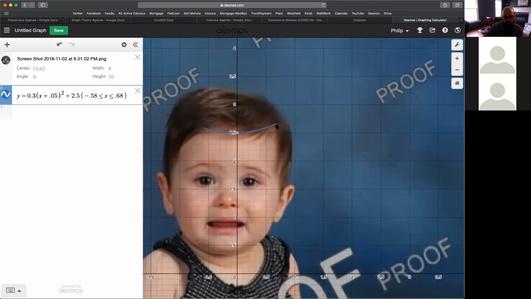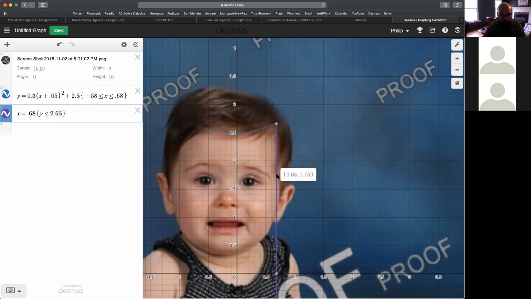So I might just drop this line straight down. This is 0.68, so I would make a vertical line, x equals 0.68. Then I would cut it off in the y direction, from 2.66, and maybe I would want it to stop down here, at 1.767.